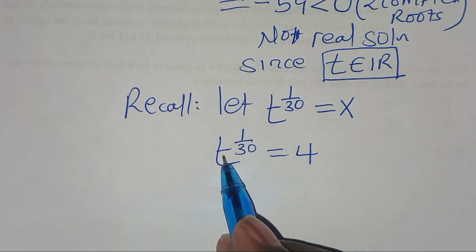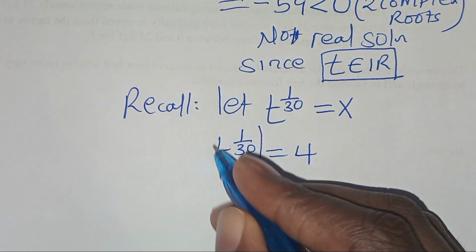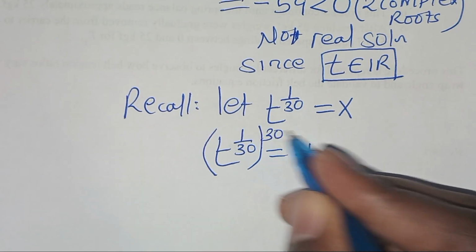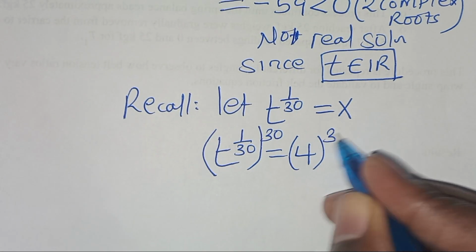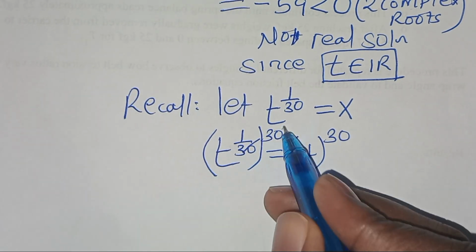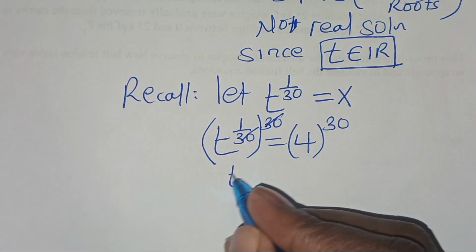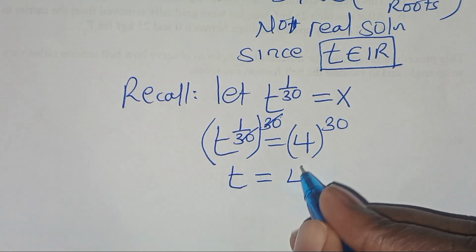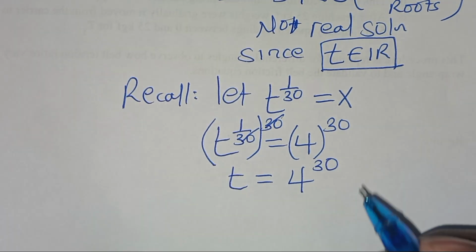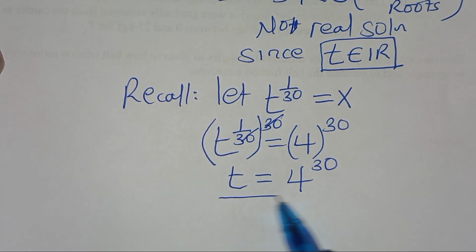To solve for t, we multiply both sides by 30. Here 30 and 30 simplify, so that t is equal to 4 raised to power 30.